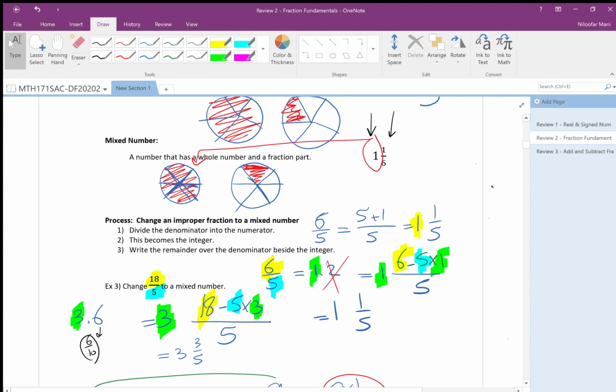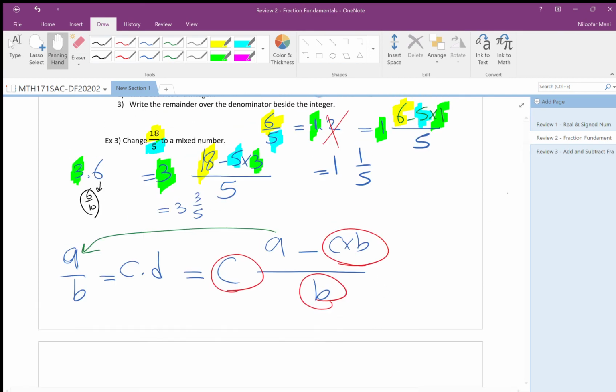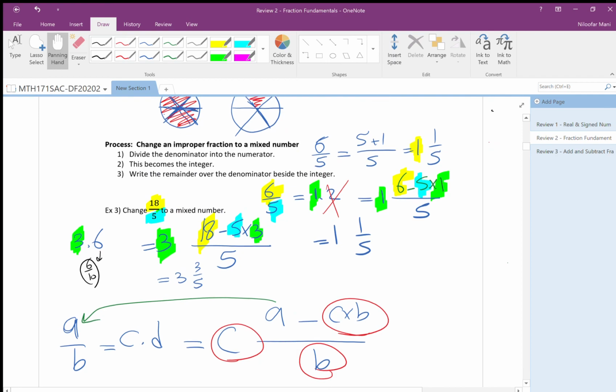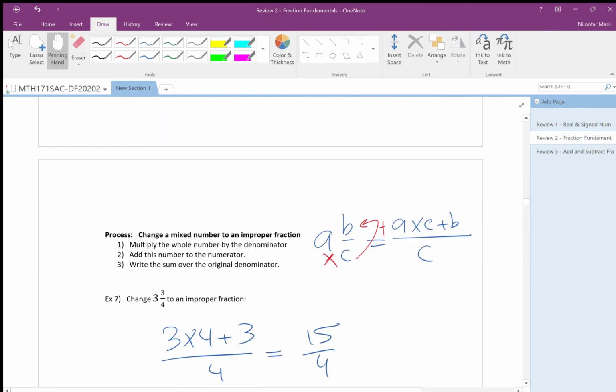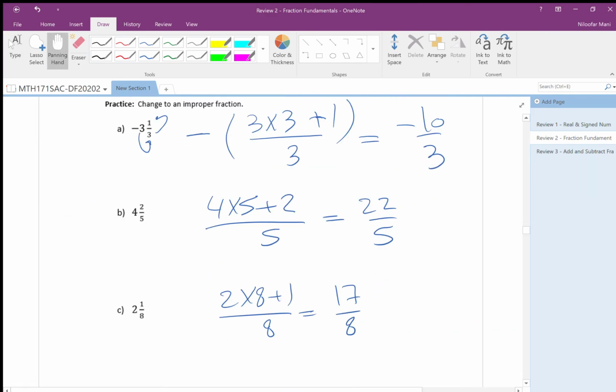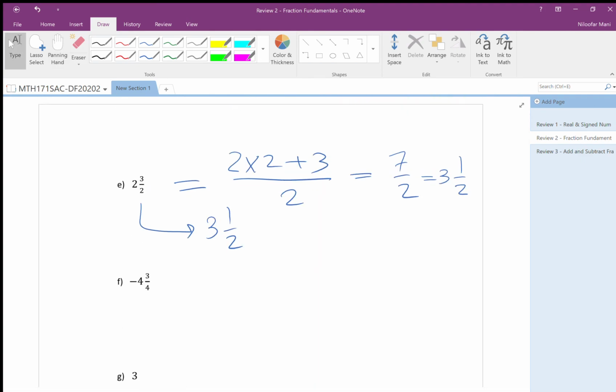I mean a mixed fraction is a whole number and a proper fraction, meaning the top should be less than the bottom. So this has to change to 3 1 over 2. But it still doesn't matter. Let's say somebody made a mistake, and it's okay. I can go back to an improper fraction.